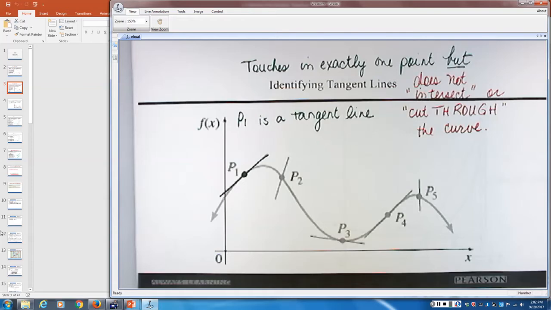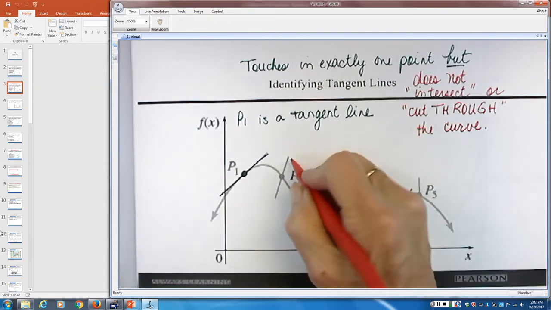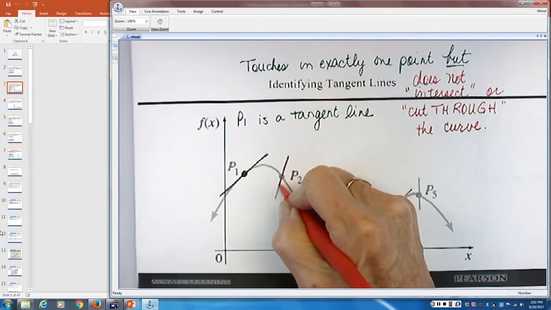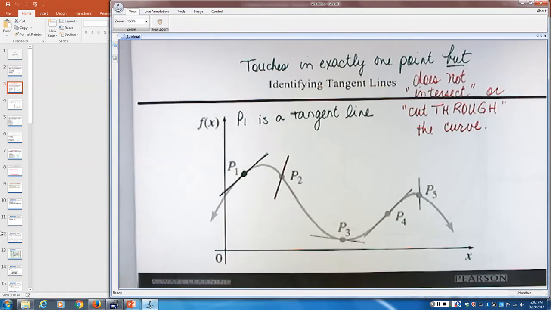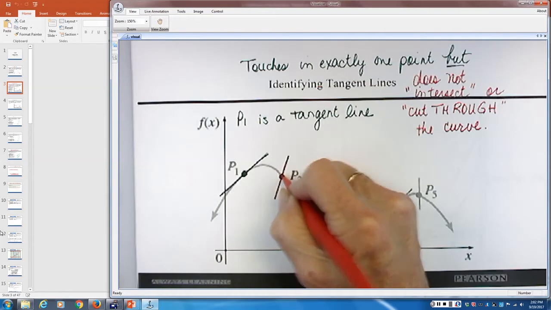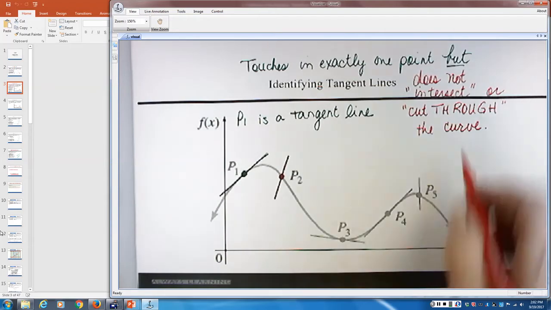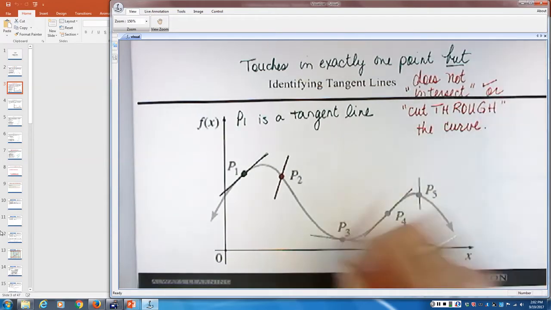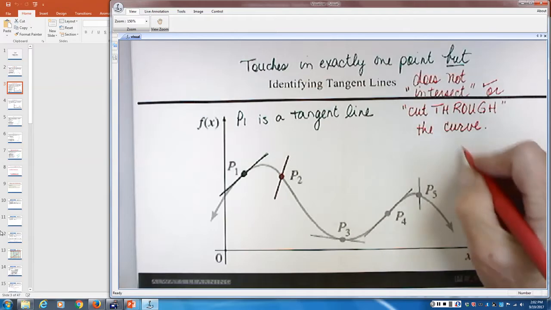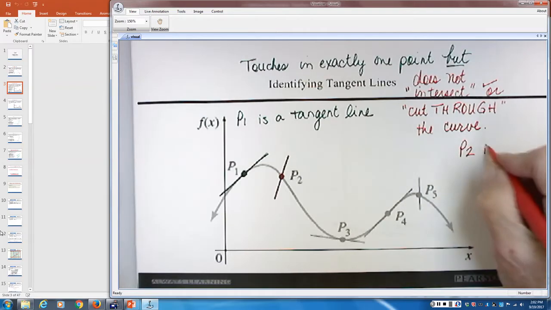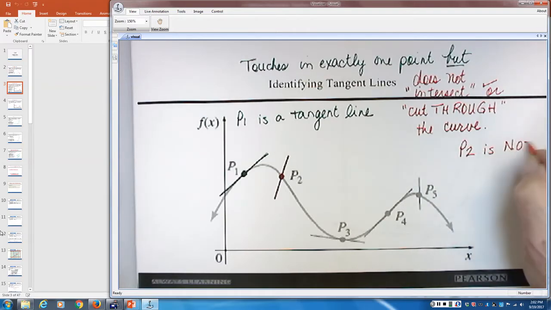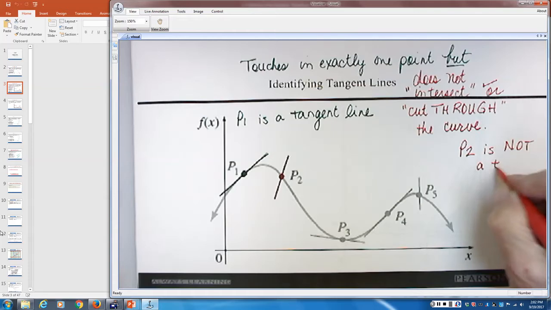Okay? And by the restriction that we have here, P2 cuts through. It actually intersects at P2. So since it cuts through, P2 is not a tangent line.